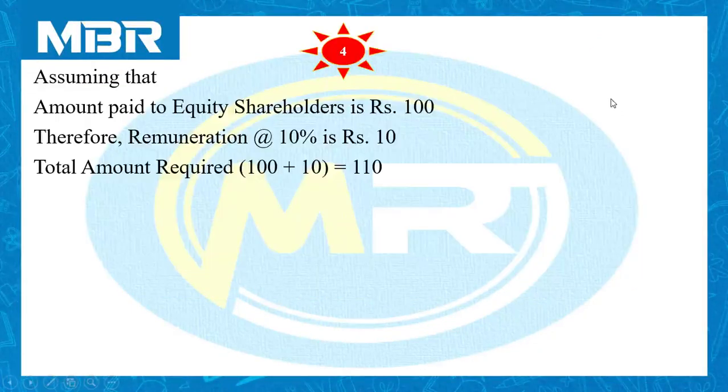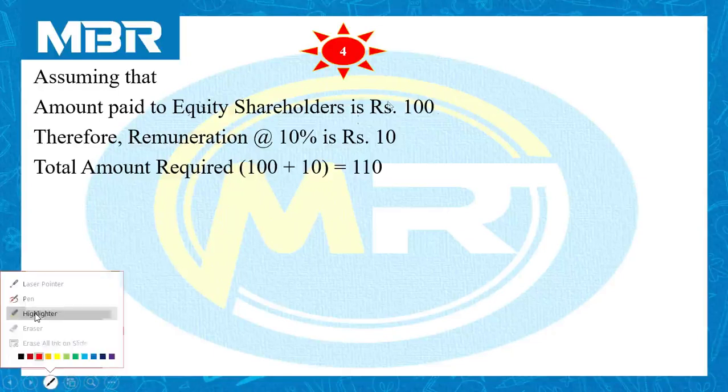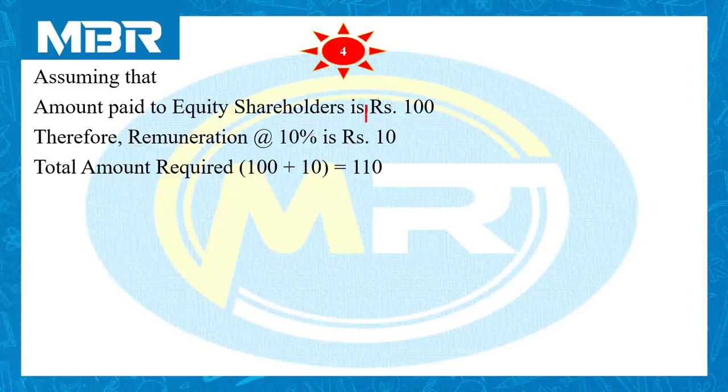And in the final part of the calculation, we have to calculate the remuneration of the liquidator on the amount paid to equity shareholders. So let us assume that the amount paid to equity shareholders is rupees 100. Just imagine for a moment that the amount paid to the equity shareholder is rupees 100.